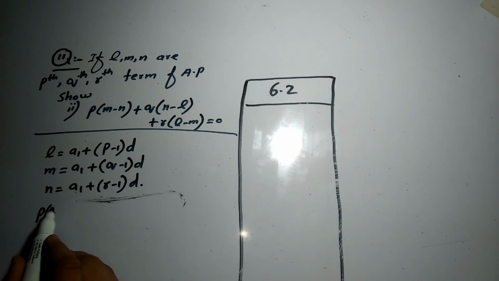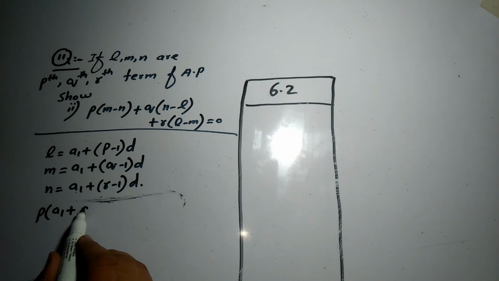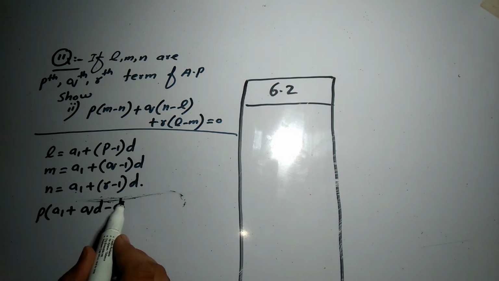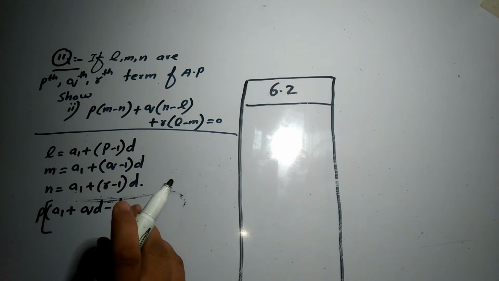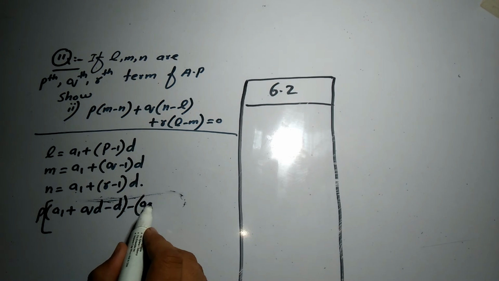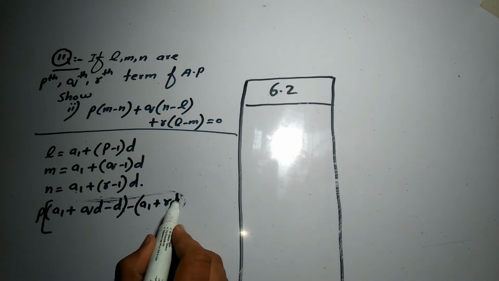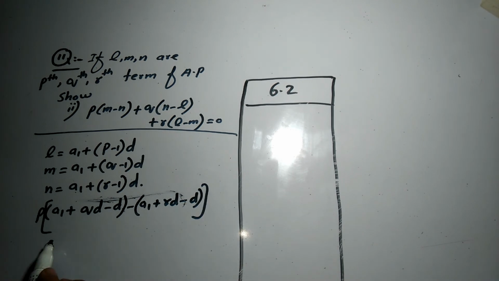P times M minus N, where M is equal to a1 plus multiplying D with Q, so this will be equal to QD minus D. N is equal to a1 plus RD minus D, plus this value of Q times N minus L.